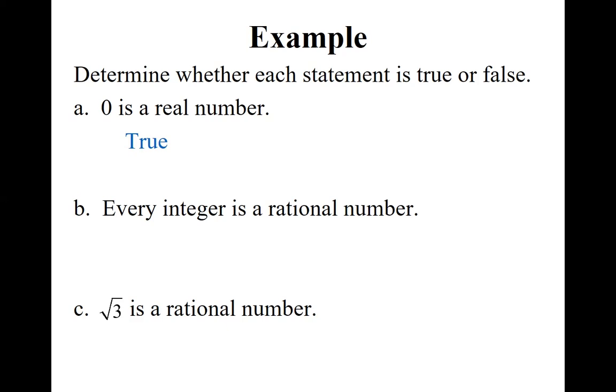Well, what are the integers? -3, -2, -1, 0, 1, 2, 3. Can we write those as fractions? Absolutely. Anything over 1 is equal to itself. So anything can be written as itself over 1. Therefore, every integer is a rational number because every integer can be written as a fraction.